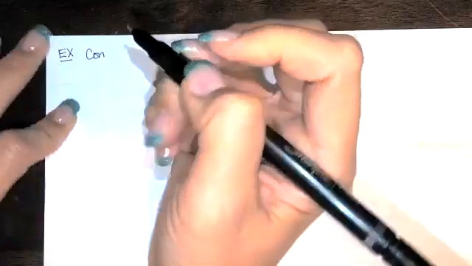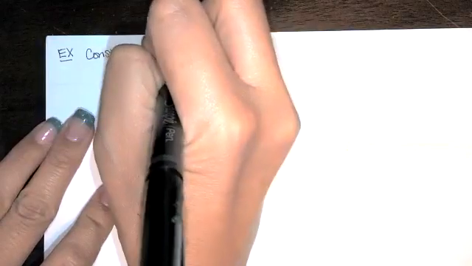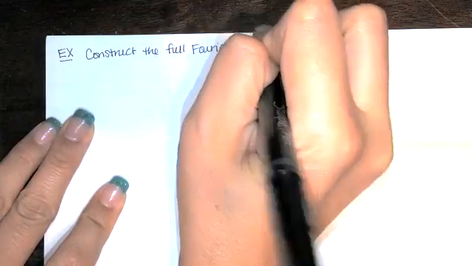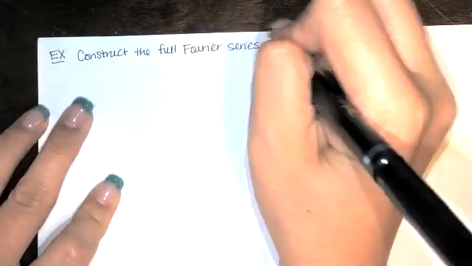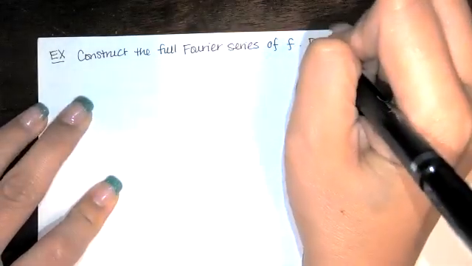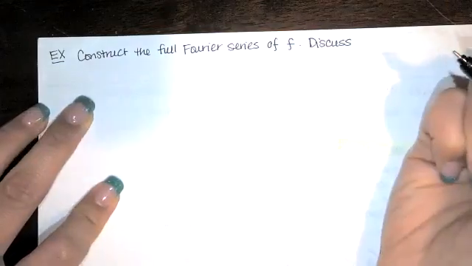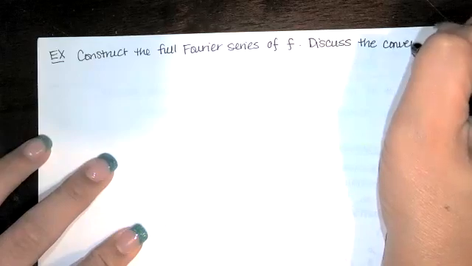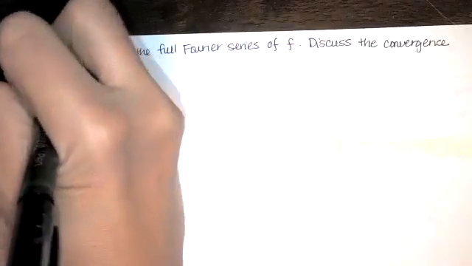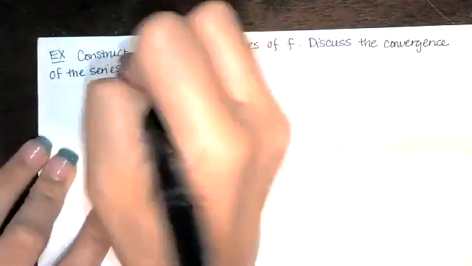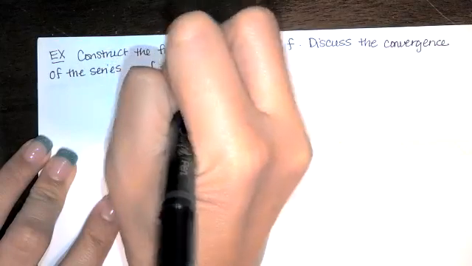We want to construct the full Fourier series of the given function f, and then we want to discuss the convergence of this. When I say this, I mean the series on the interval from -L to L.